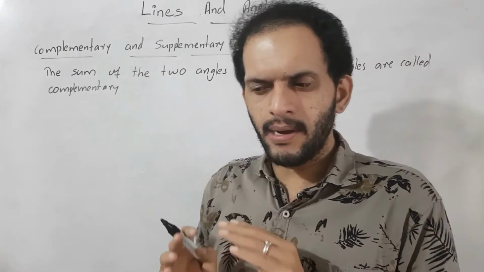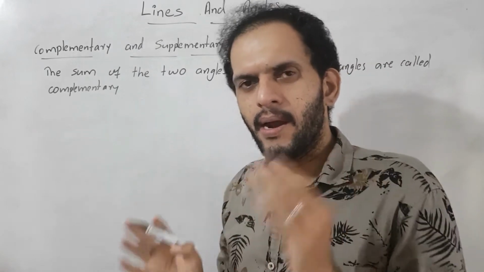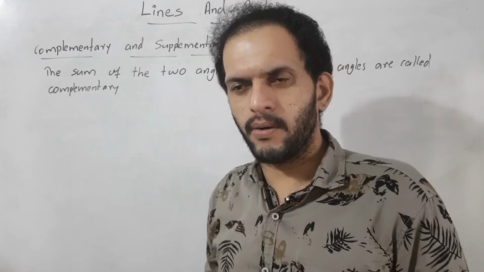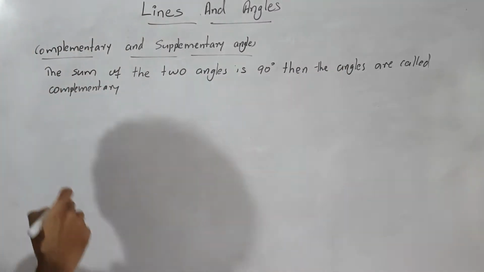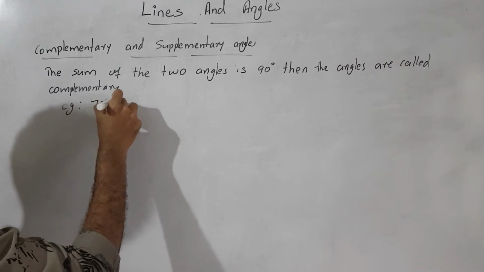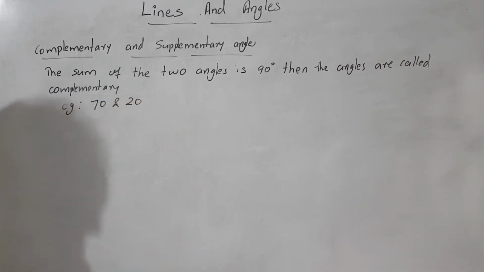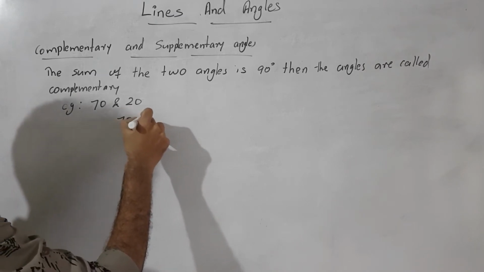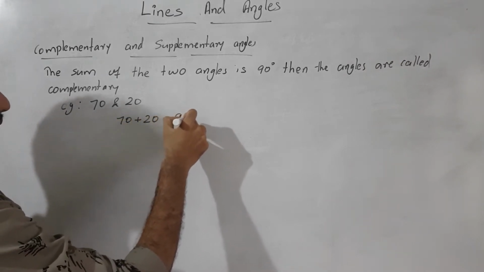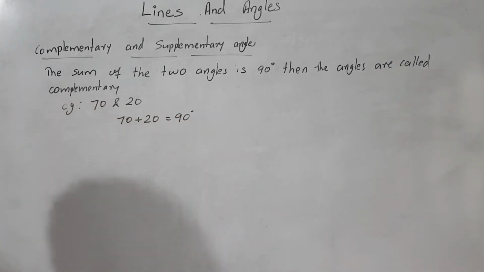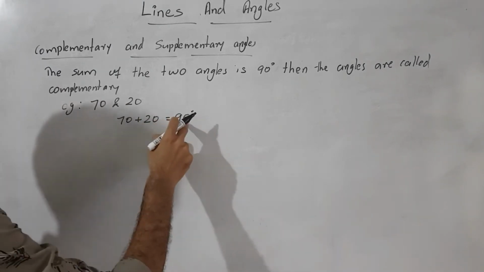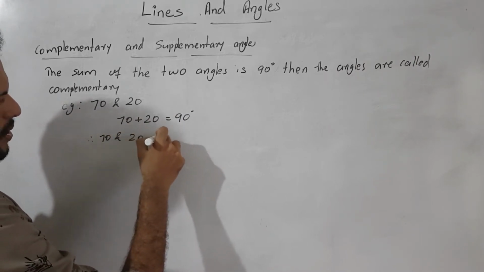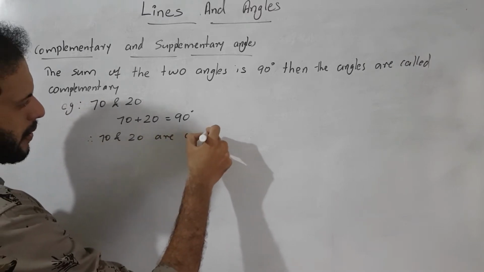If the sum of two angles is 90, what do we call those angles? Complementary angles. For example, 70 and 20. 70 plus 20 is equal to 90 degrees. Correct? Therefore 70 and 20 are complementary angles.